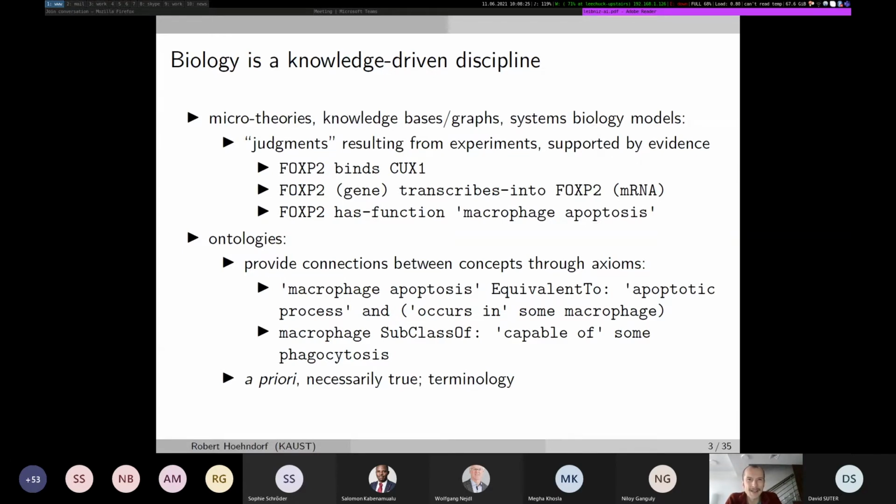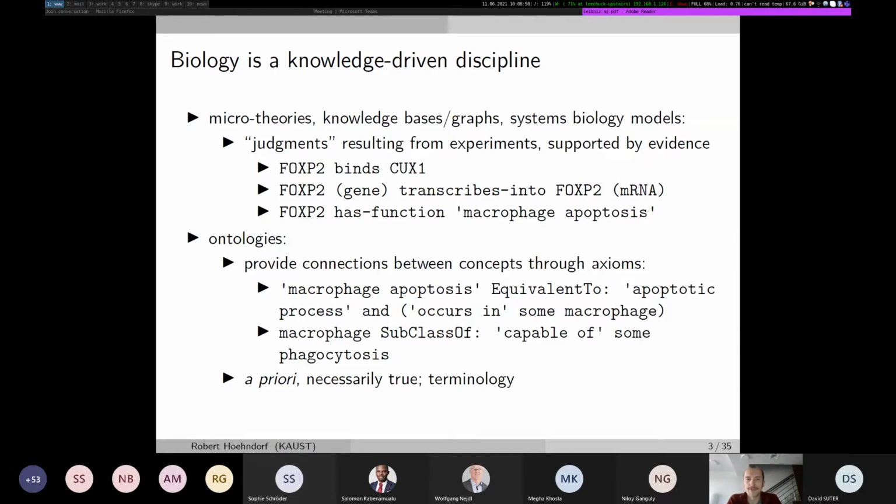A second type of knowledge that we rely on is a priori necessarily true knowledge that defines our terminology or the concepts and how they relate to each other, that we use to express our findings. So you can see that FOXP2 has a function of macrophage apoptosis.